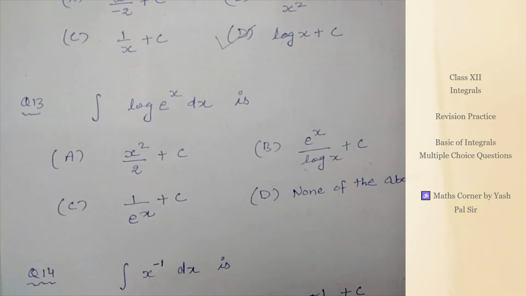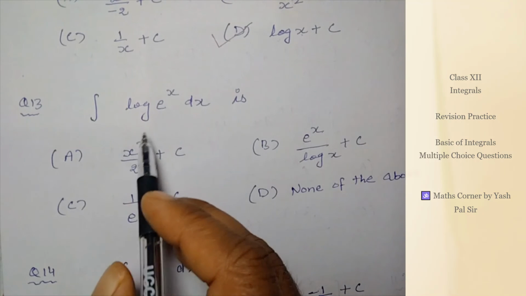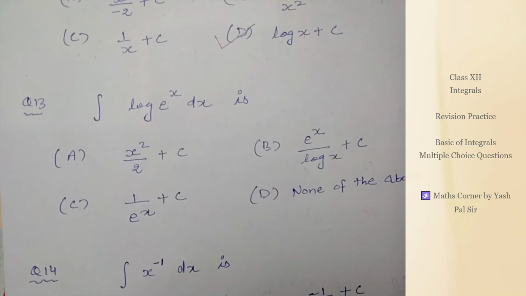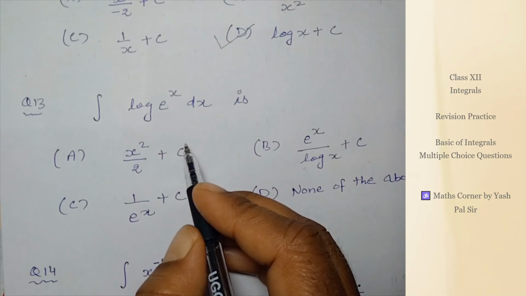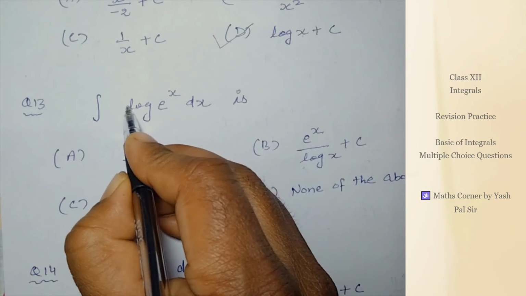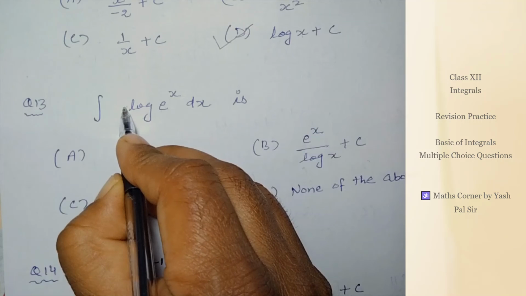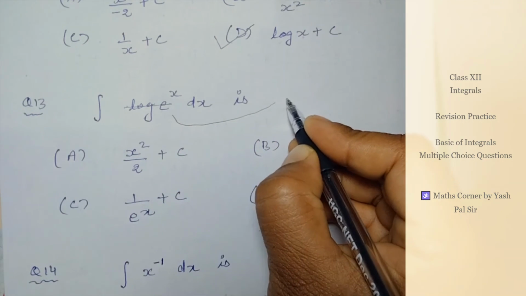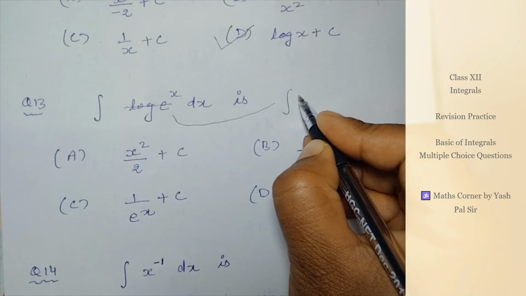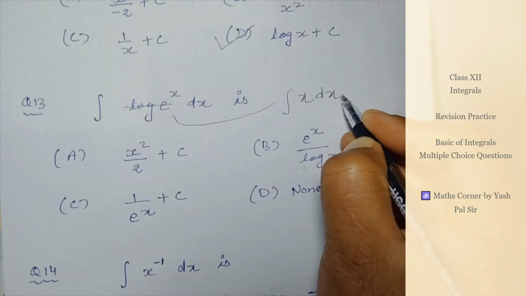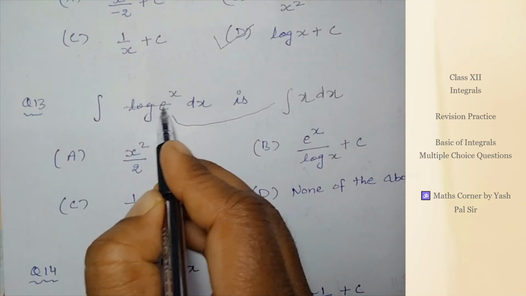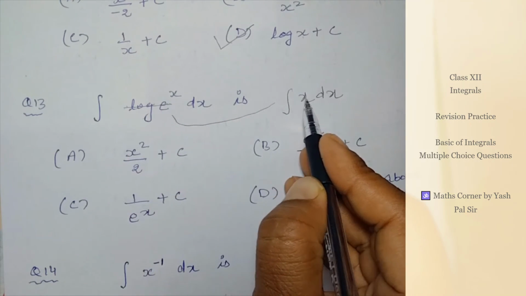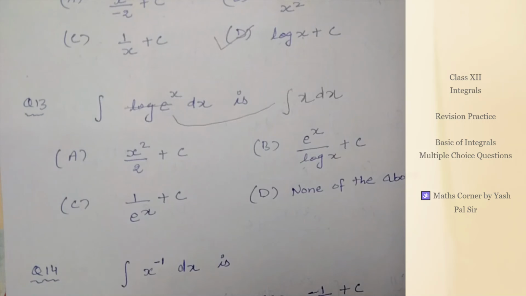Now next question, question number 13, log of e raised to power x dx. Very interesting question, my dear students. Log e, they are cancelled, the question becomes only integration of x dx. Log and e both together become 1 into x.